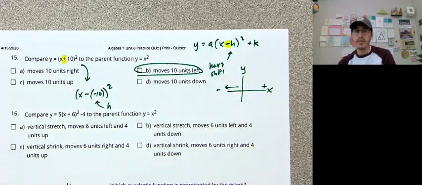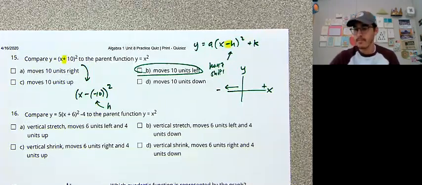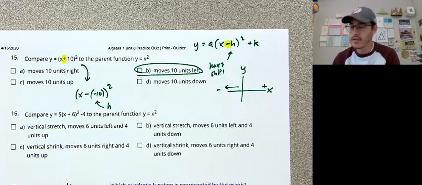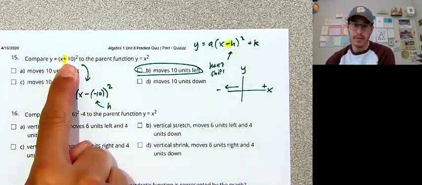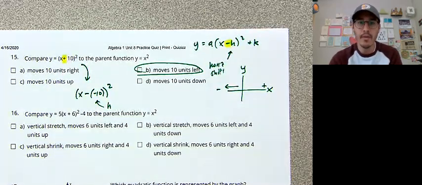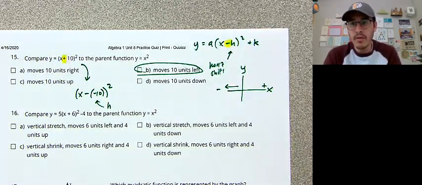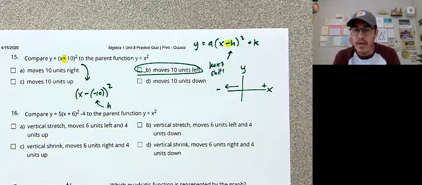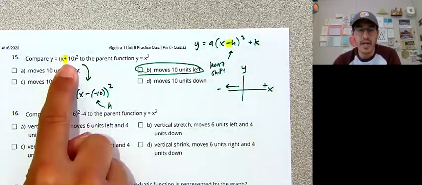Now, something that you can do here, just for extra convincing, because I know a lot of students will see, oh, x plus 10, they'll think positive 10, they'll think to the right. So when you're first beginning to deal with vertex form, it's always a good idea to just graph it, like use a graphing calculator, use Desmos, and then just type the function in.